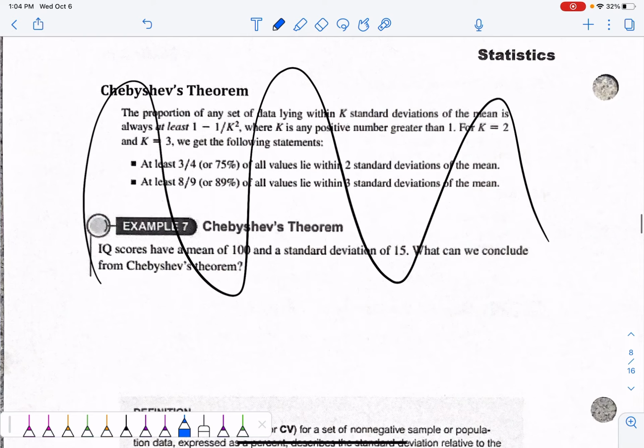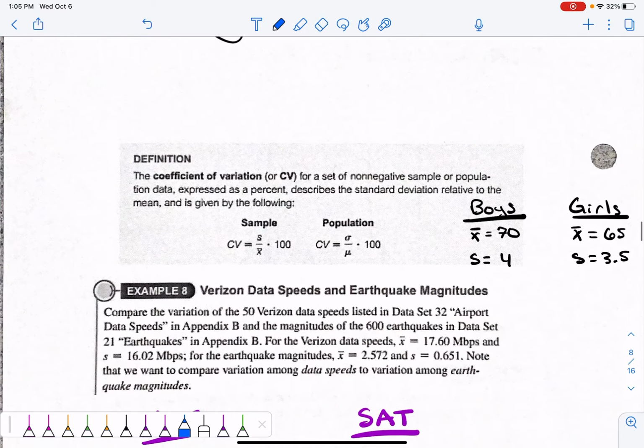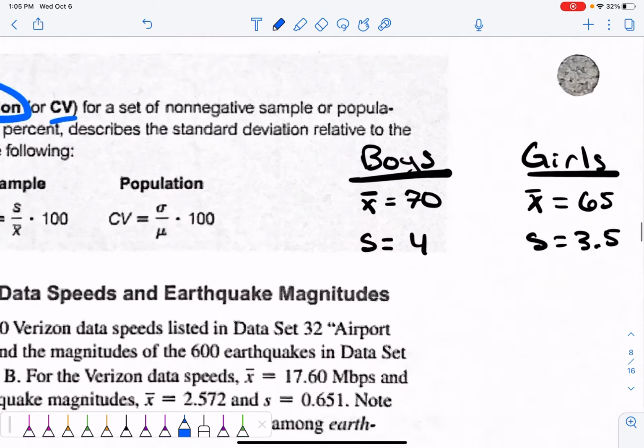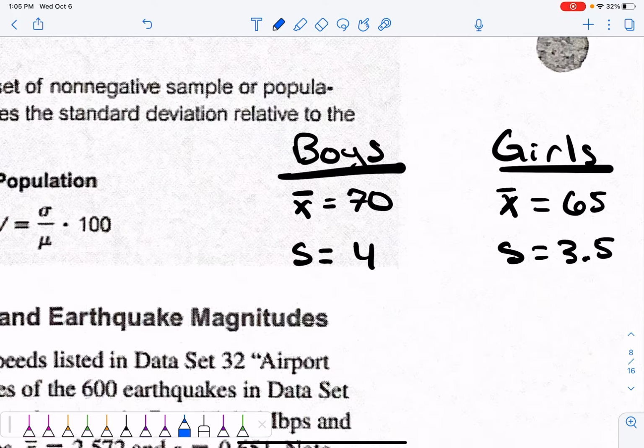On the next page is Chebyshev's theorem, which we skip over, but we're going to go down to something called the coefficient of variation, or CV. Basically this allows me to compare and see which thing varies more. So yesterday we talked about the heights of boys and girls, and I looked up the average height for a boy is 70 inches, the average height for a girl is 65 inches, okay?